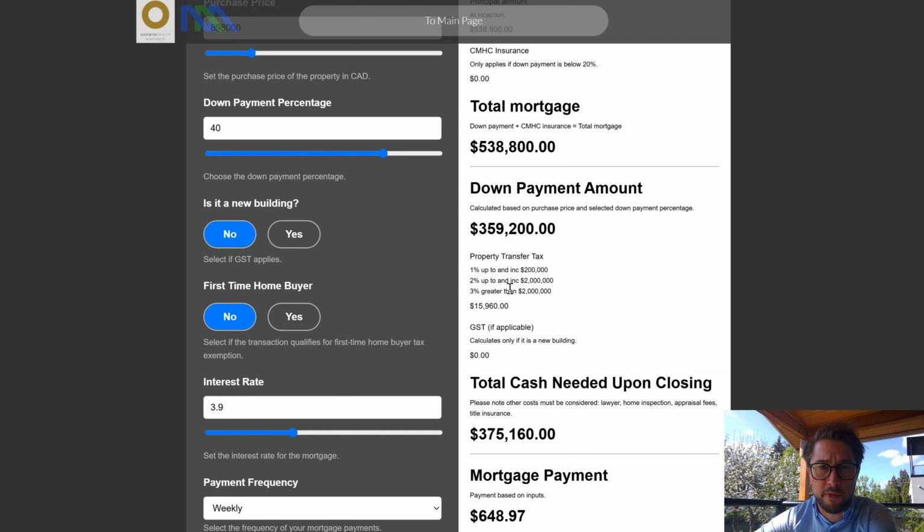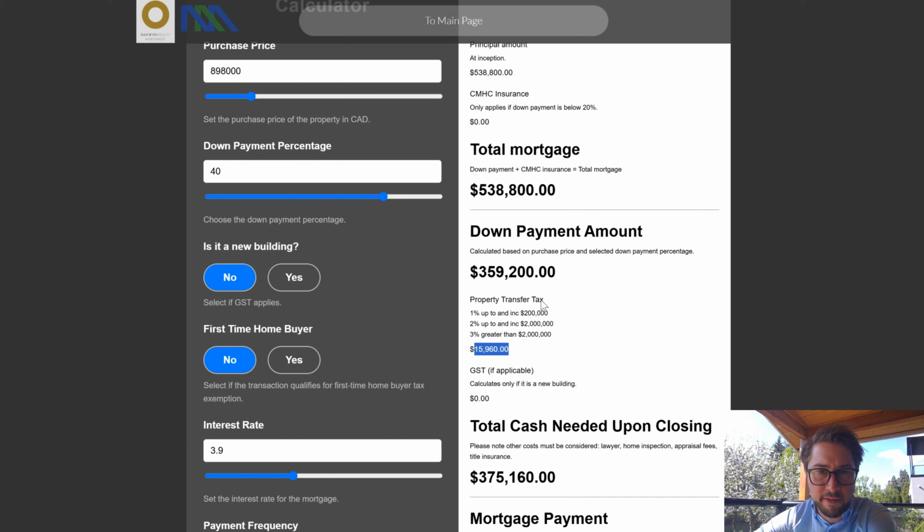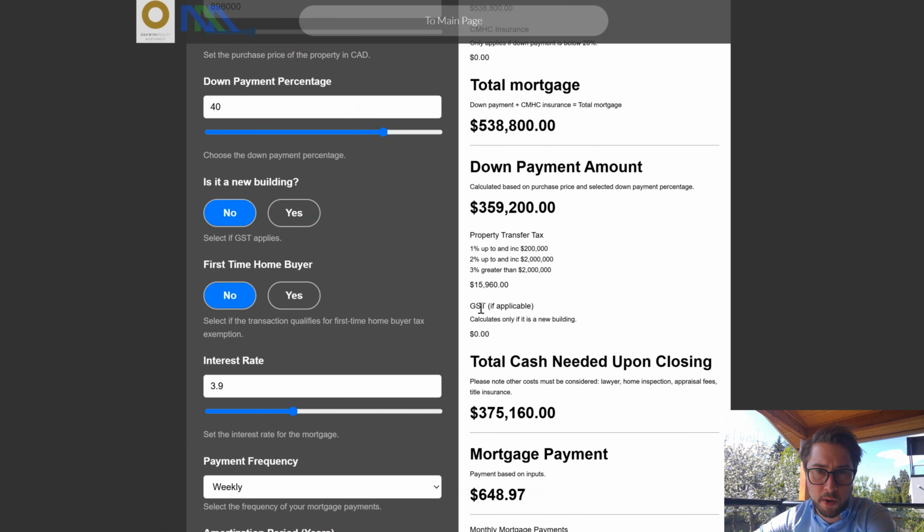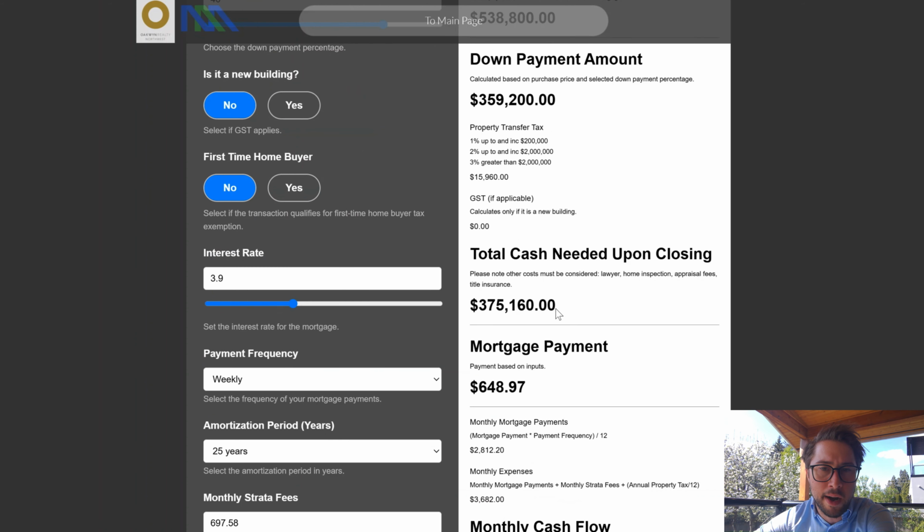It's 1% on the first 200,000, 2% up to 2 million, and then 3% on anything greater than 2 million. So for this theoretical purchase, we'd have a property transfer tax of 15,000, and no to first-time home buyer, so no GST. So this is the total cash we would need up front.